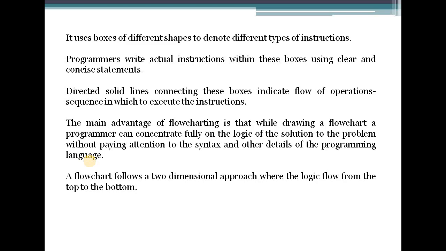A flowchart is a two-dimensional approach where the logic flows from top to bottom. A flowchart is not specific to any language and can be created for any programming language. With a flowchart, you can easily understand the data and the control of the algorithm. Flowcharts also help in debugging and error correction.